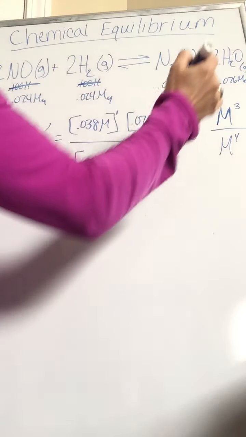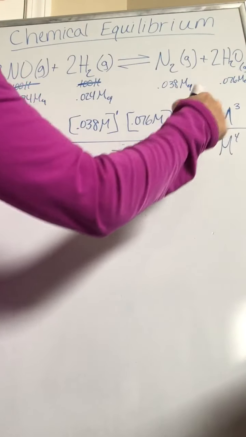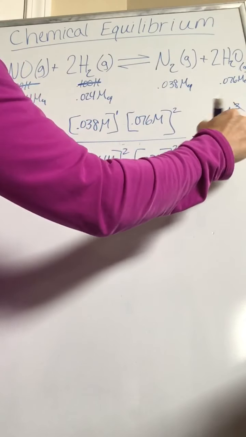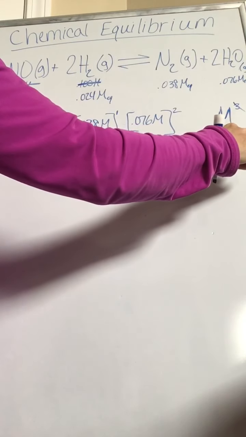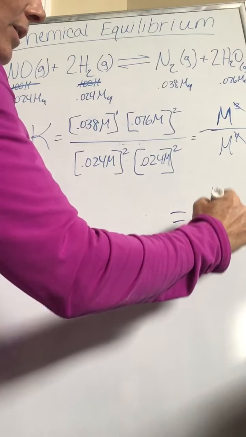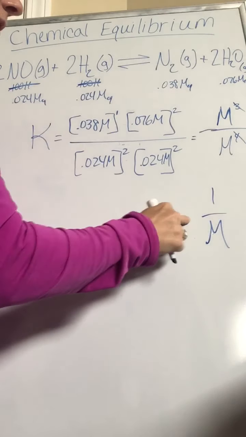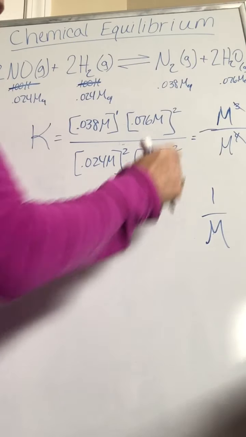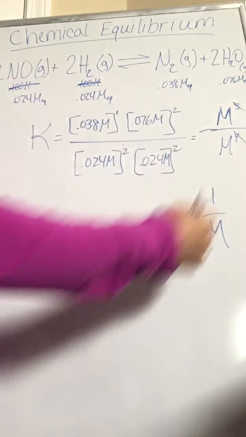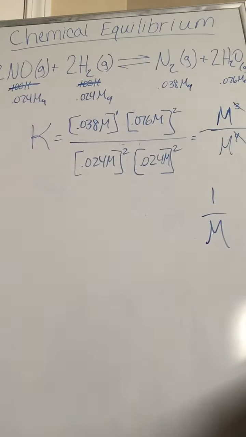We don't have our numbers yet, but we can cross these out. We take 3 out from the bottom, that leaves us 1 M in the denominator. So our final unit is going to be 1 over molar. And you can see how that's dependent on the coefficients. If these were different, we'd have different crossing out. Okay, and so that's our units.